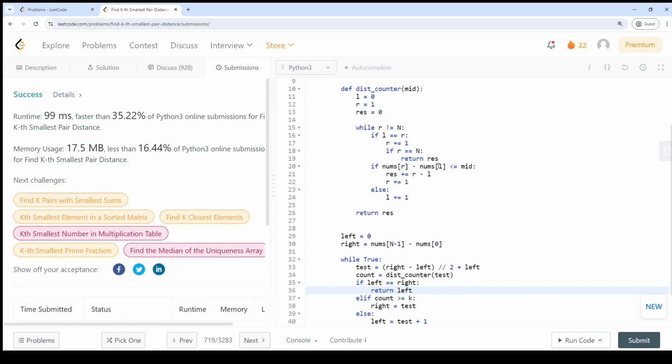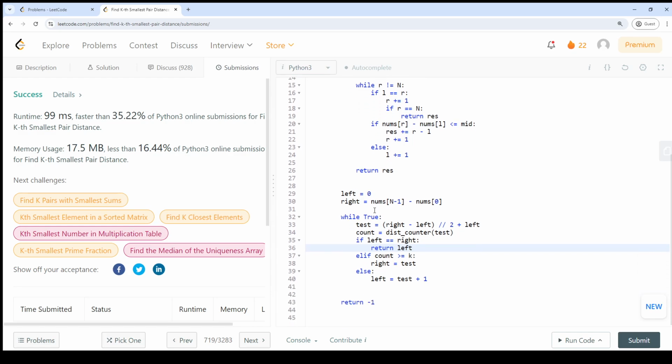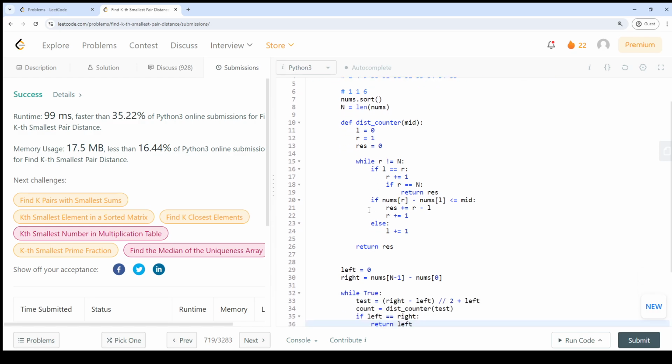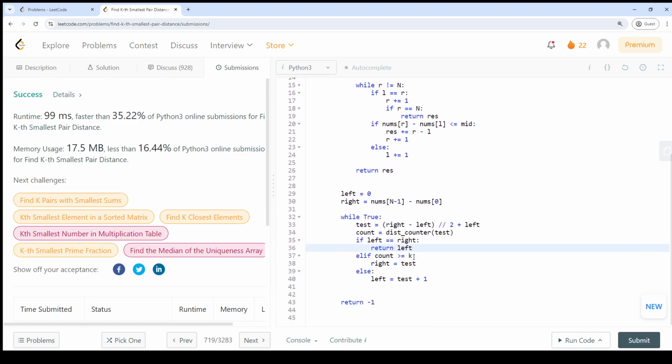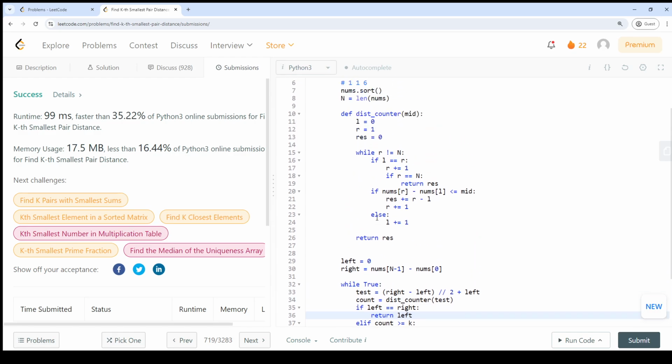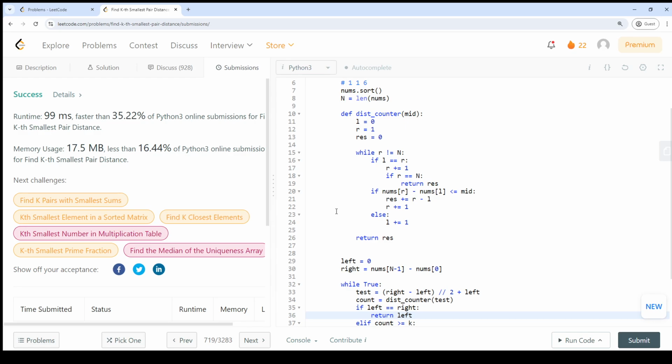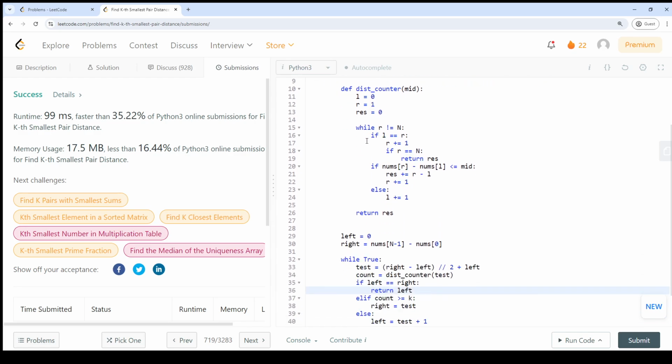So each time we increase n or l, that will be n, so it should be n again if I'm correct. And we don't have any additional space, so space should be O of 1, I think.